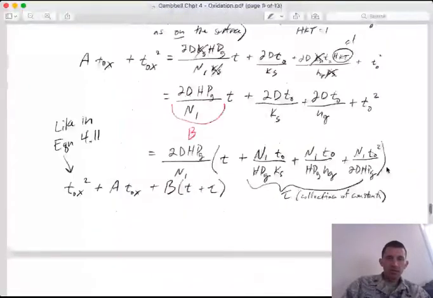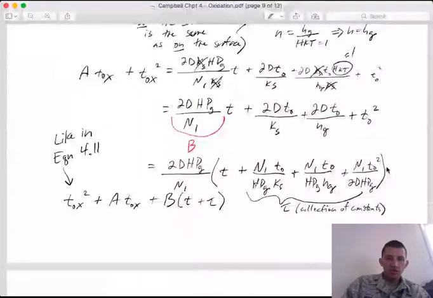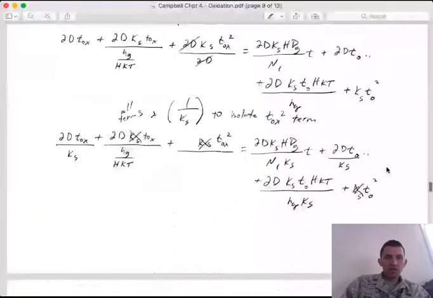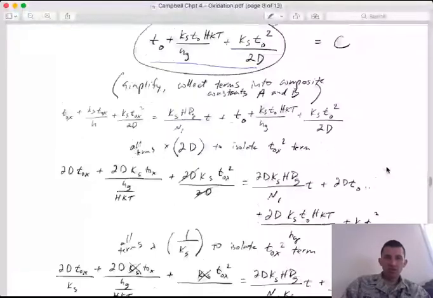Let me refresh my memory. We want an expression for Tox that's as simple as we can make it to make it easier to use. So these next couple lines are just a simplification exercise. Here we'll take this big long expression. I want to isolate this Tox and Tox squared. Since this is divided by 2d, I'm going to multiply every term by 2d.